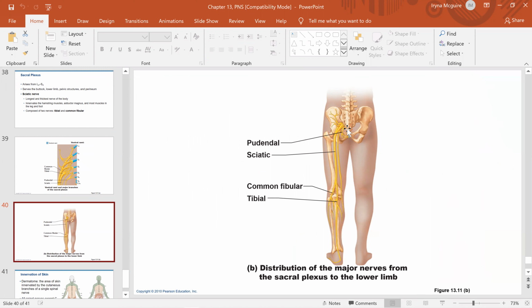Because remember, we have 31 pairs of spinal nerves. So let's say you lost movement of your leg, not because the tibial nerve is damaged, but because part of the spine is damaged.